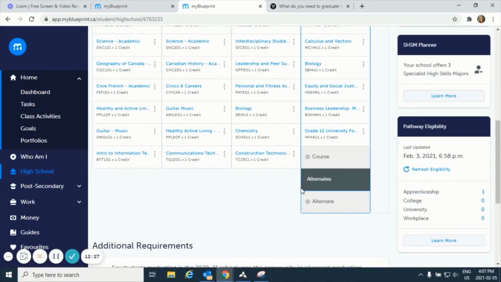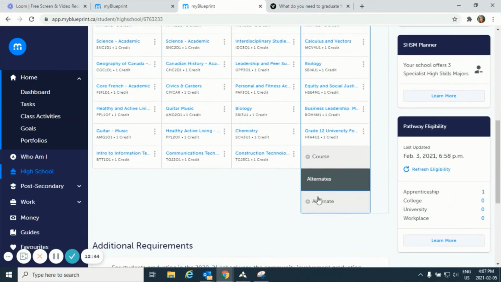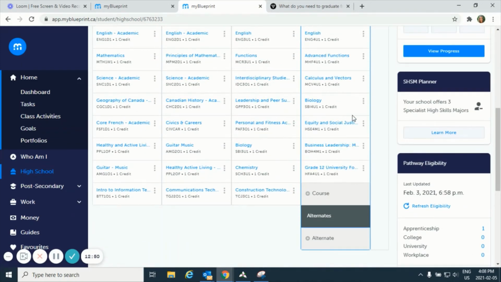There's this one course down here at the bottom. It's my alternate course. Students often ask, what's this all about? I've chosen 7 courses. I've left this spot here as a blank because I want to take a spare. Why do I have to choose an alternate course? Well, sometimes, and unfortunately, students, it does happen that you end up with a conflict on your timetable.